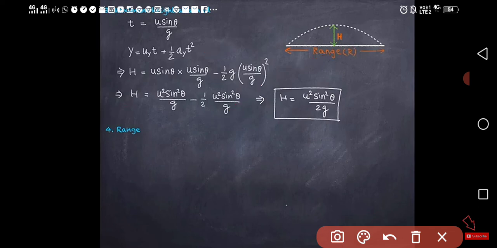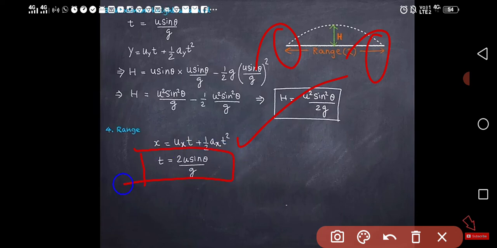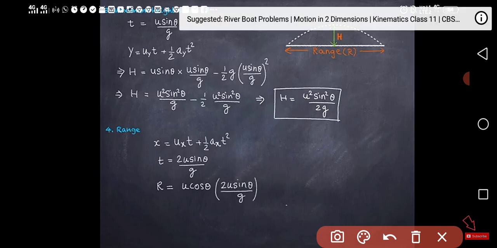Last one is your range, that is how to calculate range. Range means the distance between the point of projection and the point where it will hit the ground. So we are taking here equation of motion x is equal to u_x t plus half a_x t square. Time period we will take here full, will not take half. For maximum range, we will take full time period 2u sin theta upon g.